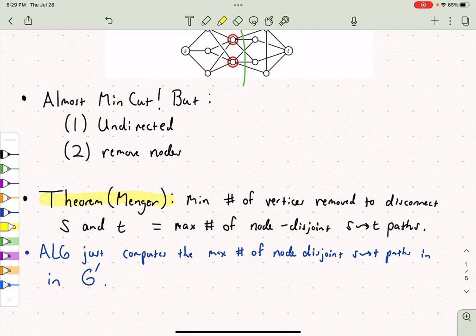Now, computing the number of node-disjoint paths, we already know how to do this through MaxFlow, so we can just take that as a black box. We're going to reduce to that problem.